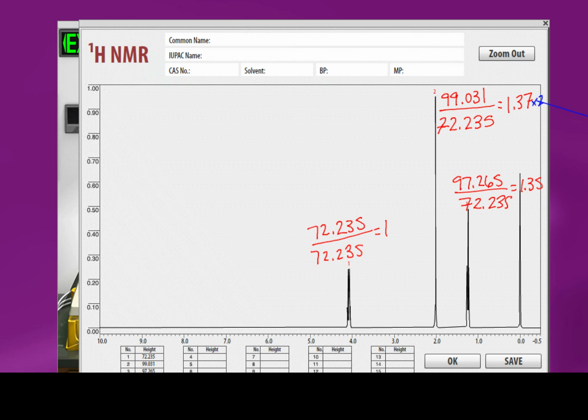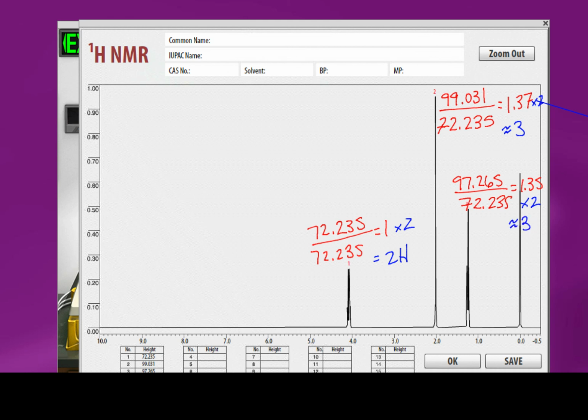So multiply everything by 2. So if we do this, we get an integration for 2 hydrogen. 1.37 times 2 is 2.74, but it's about 3. And likewise, 1.35 times 2 is about 3.